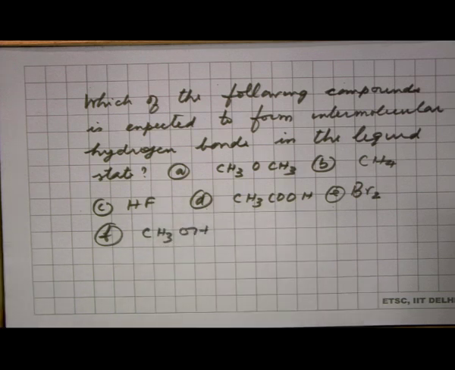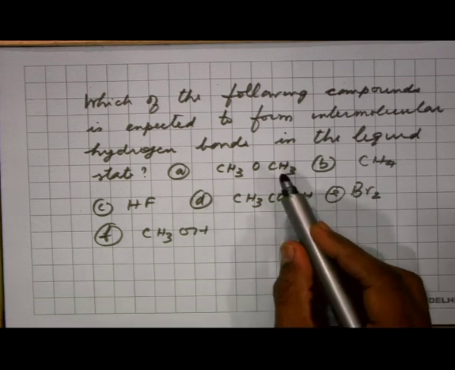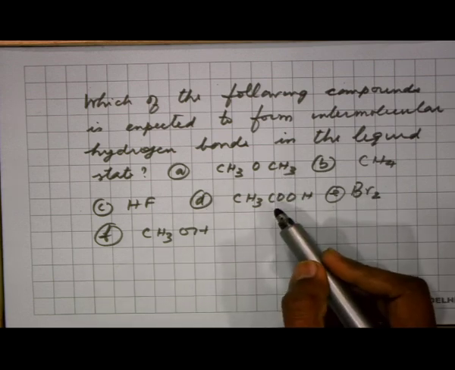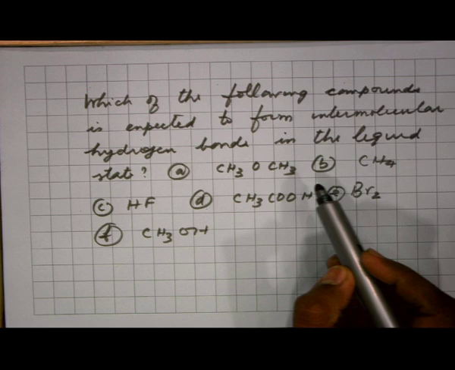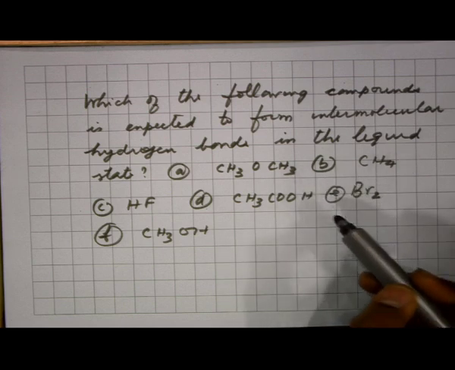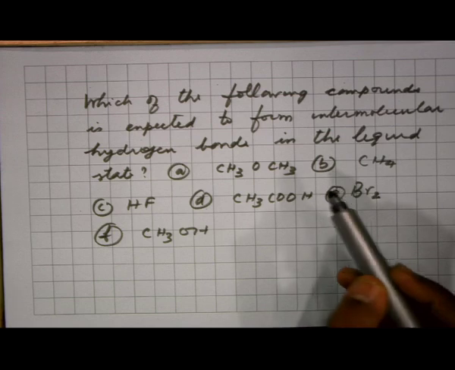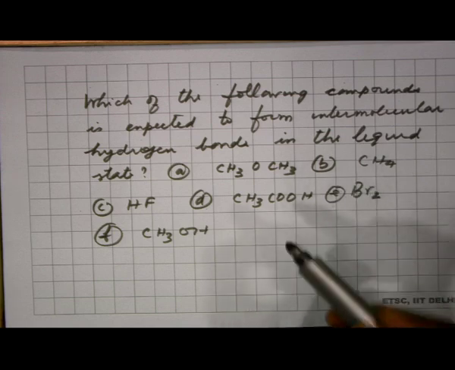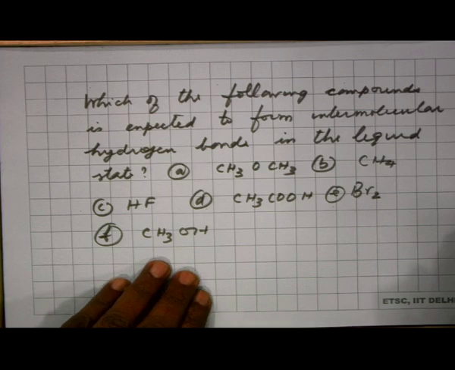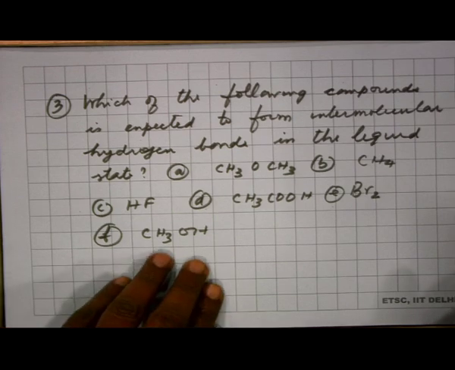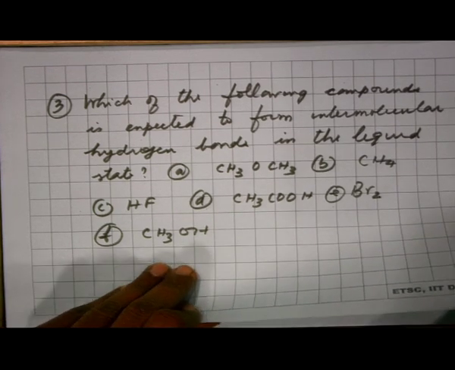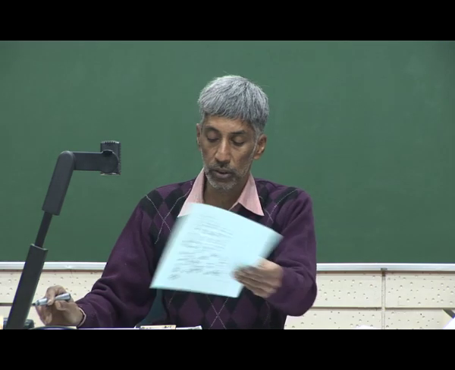Procedure exactly the same as before. What do we know and what is the strategy? Follow the flow chart, identify what kind of interactions are possible, and then you are just looking for where you get the hydrogen bond. So, that is a straightforward approach and you can do this. You should be able to do this at the end of these 3 classes that we have had on intermolecular forces.